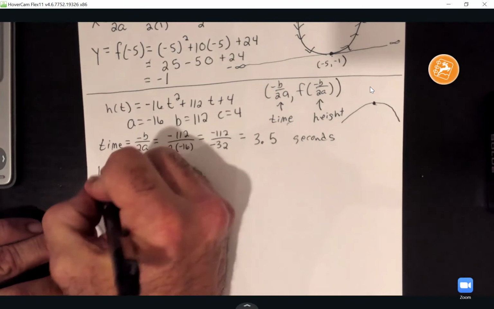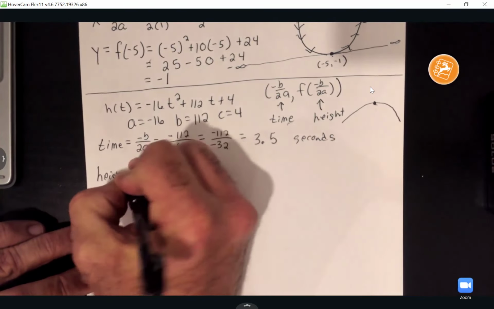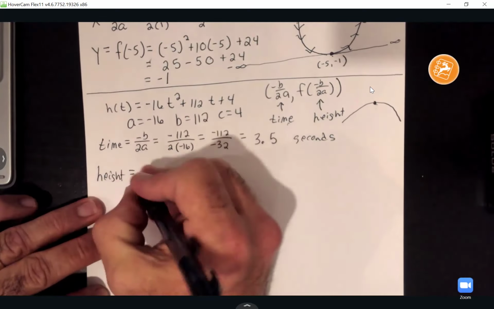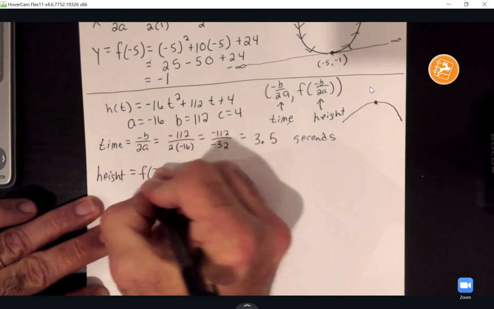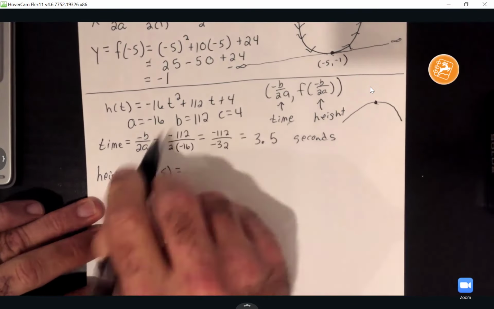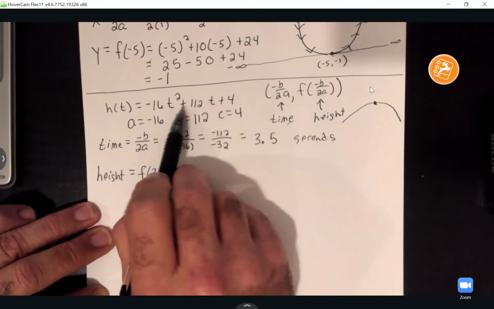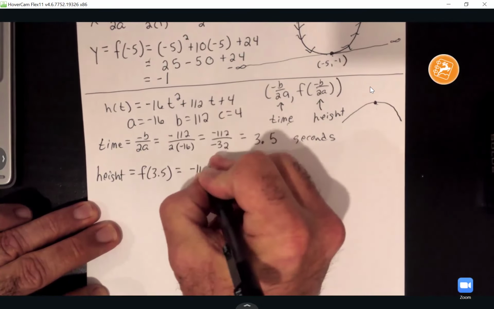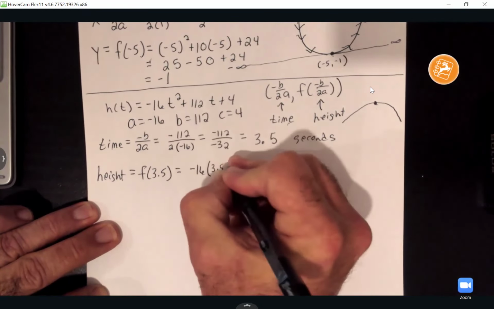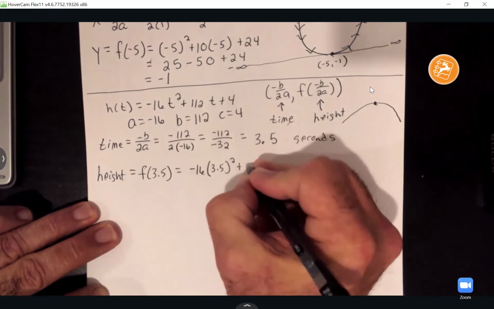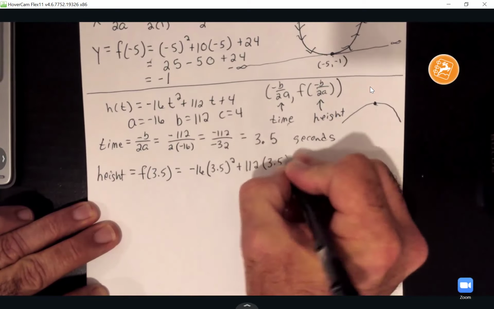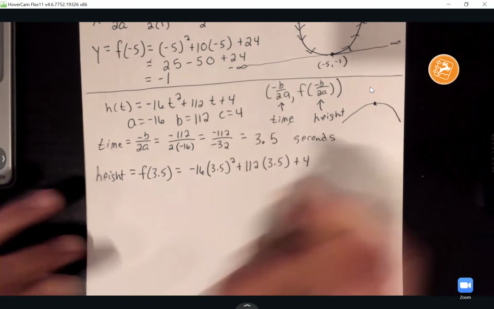Now, to find the actual height, and I'll probably punch this on my calculator since I got decimals, I would find f of 3.5, which means I'm putting a 3.5 in for both of my t's. So I got negative 16 times 3.5 squared plus 112 times 3.5 plus 4.